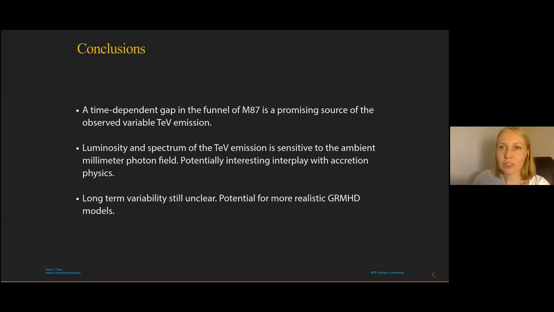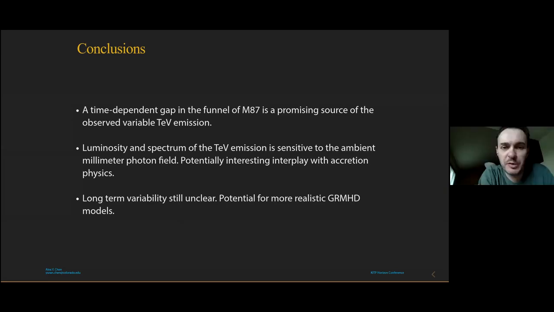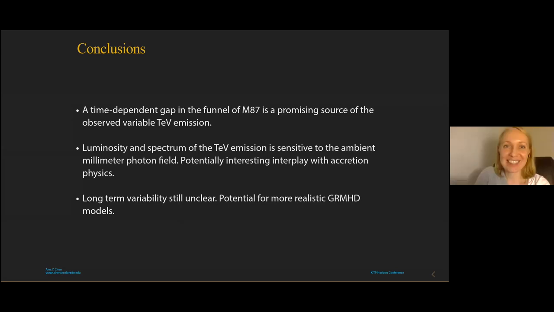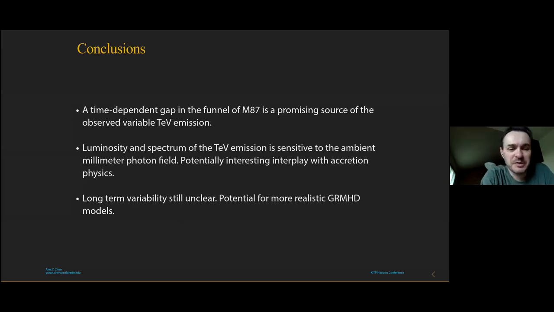Dimitri, do you have more questions? I do. You can ask now because there's no other. Go ahead. Thank you. So do I understand correctly that when the electrons are accelerated by the electric field at the gap, they're accelerated along the magnetic field lines, right? And so they emit photons that also travel along the magnetic field lines.